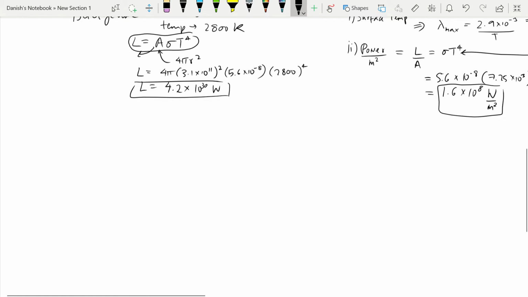Okay, so now let's move on to the questions at the end of the chapter, and I'll go over question 2 with you guys. So question 2 is talking about Barnard's star, and it's on page 441.